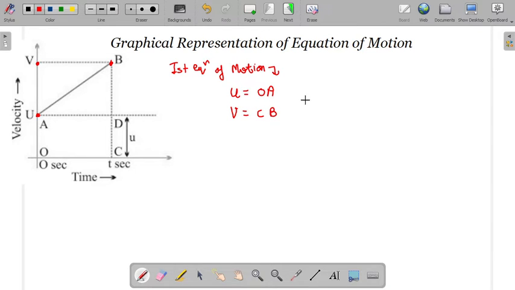So what is the change in velocity? The change is of course CB minus OA.